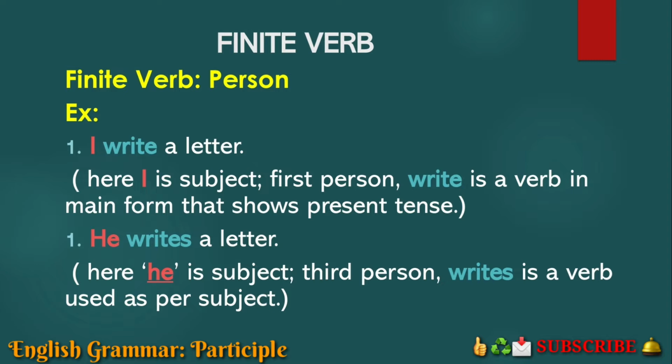So as per the subject or person, we have used the verb form. What can we conclude here? If person changes, the verb form also changes. For example, write changes into writes with s or es form. So, it is finite verb. Now we will have the next example.